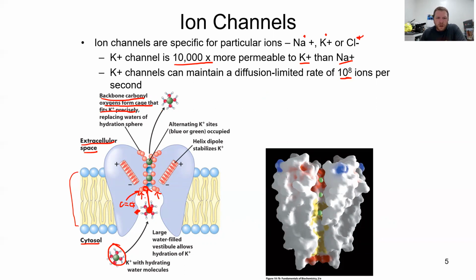However, in this case, what we have is backbone carbonyl oxygens that are displacing water molecules in favor of binding this potassium ion to load it and to basically funnel it through so that ultimately it can get to the other side of the membrane and be released, where those carbonyl oxygens are then, well, it's kind of a cycle of life sort of thing.